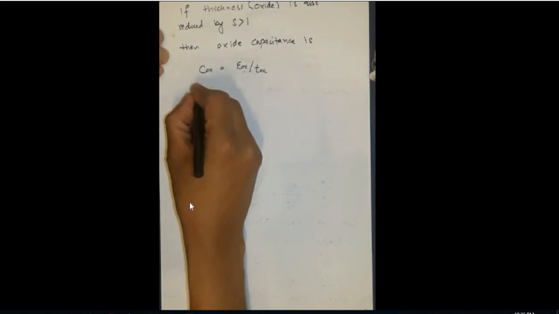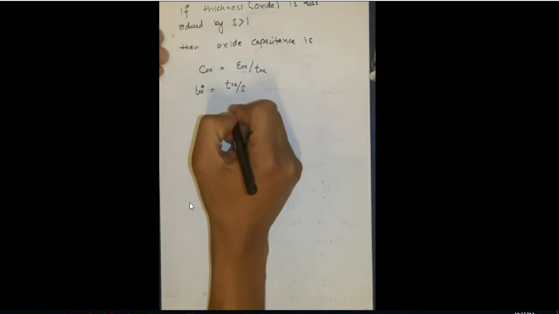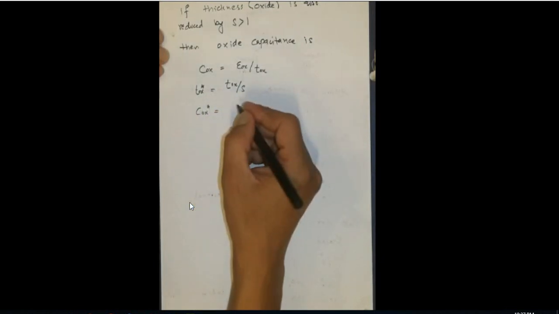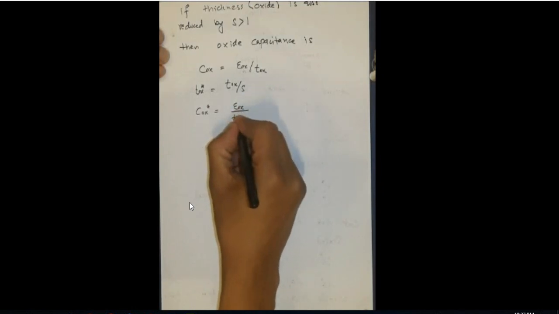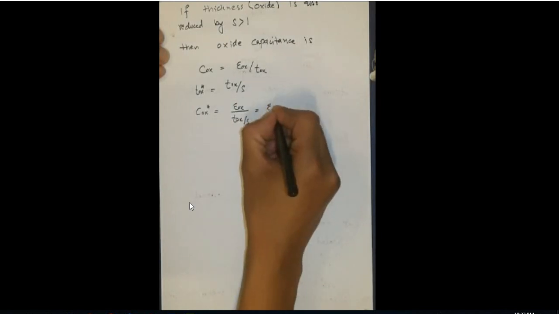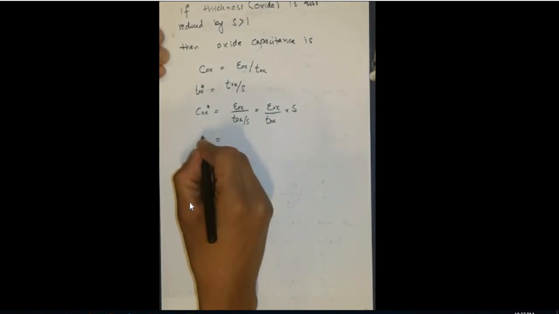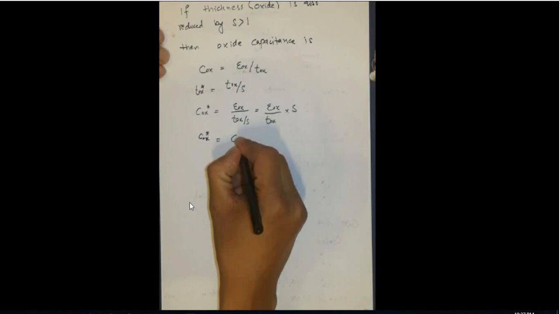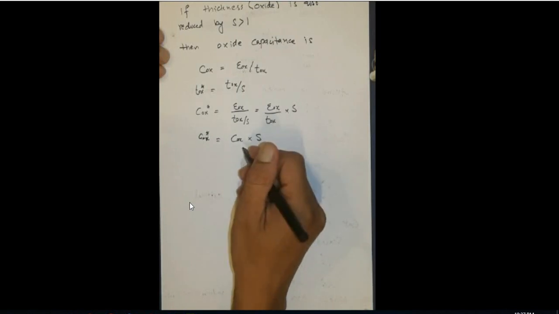But now we have T oxide star equal to T oxide divided by S. So the updated oxide capacitance will be equal to epsilon oxide divided by T oxide divided by S. This will be equal to epsilon oxide divided by T oxide, multiplied by S. Simplifying this in terms of the original C oxide, this gives us C oxide multiplied by S. So we can say that the capacitance is increased by a factor of S.